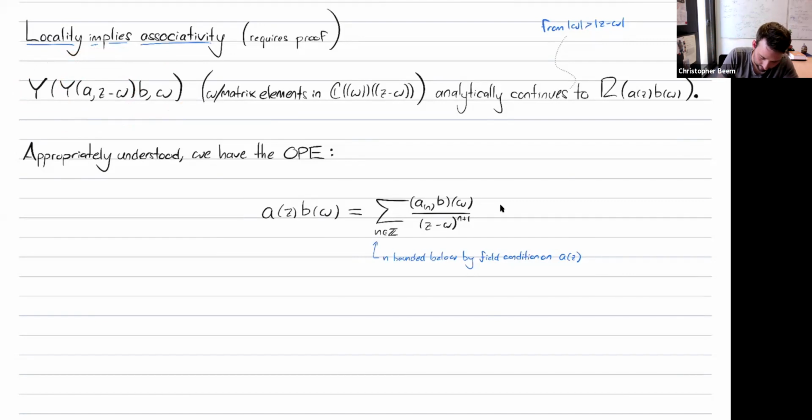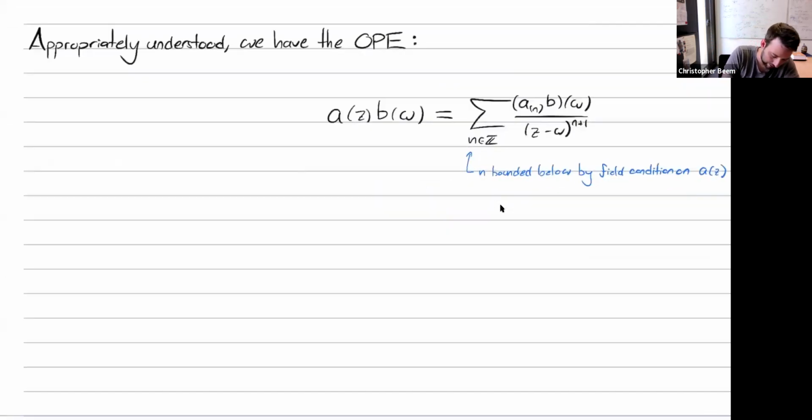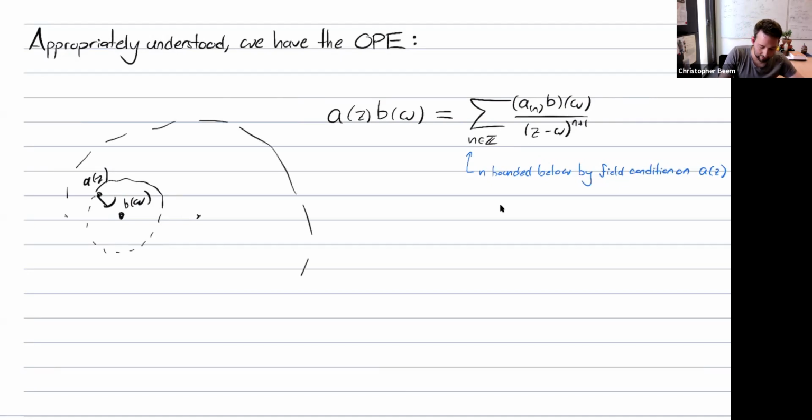So the picture here, of course, is just the usual associativity of OPE. It's saying that if I have A of Z, B of W, and here's my origin over here, then I can think of doing an OPE associated to this collision, taking what I get and then thinking of that as an operator that acts at the origin.